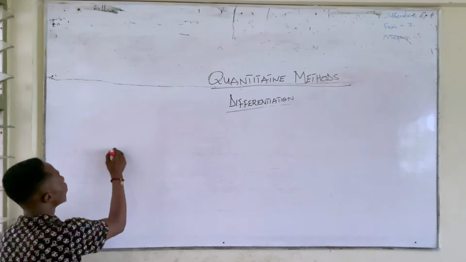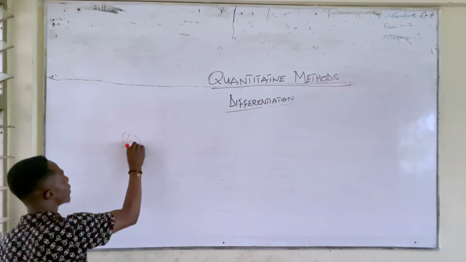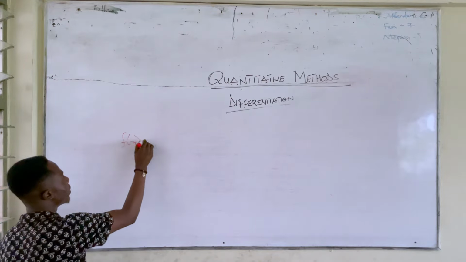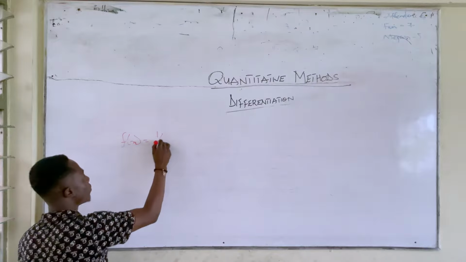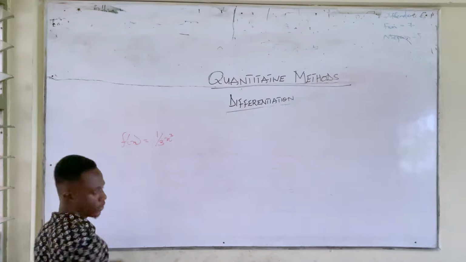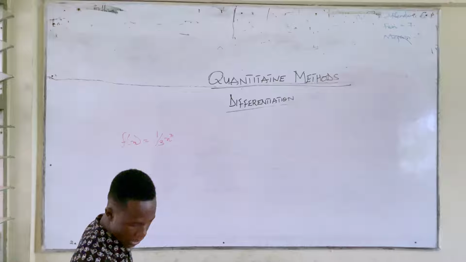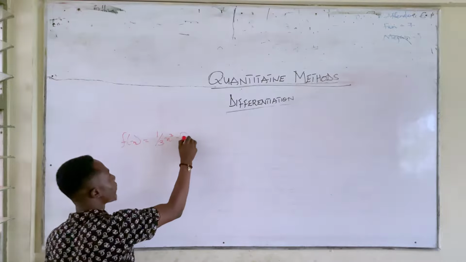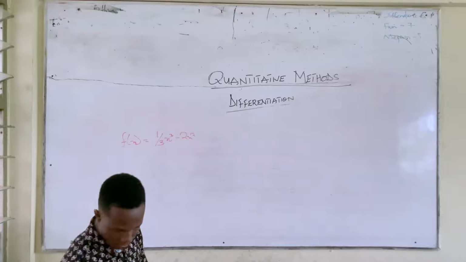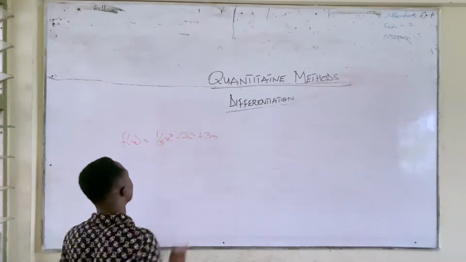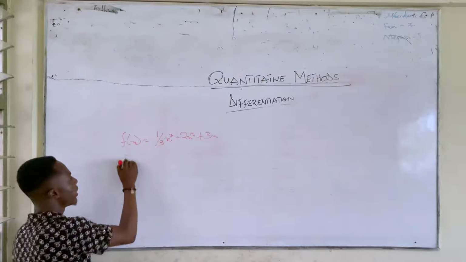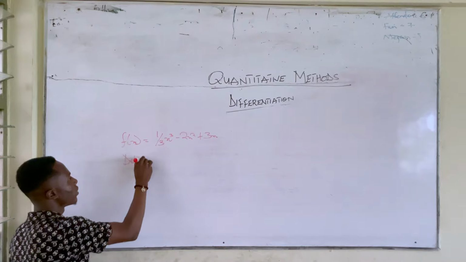So we see our f of x is equal to 1 over 3 x cubed minus 2x squared plus 3x. Here they said we should determine the nature of the points.